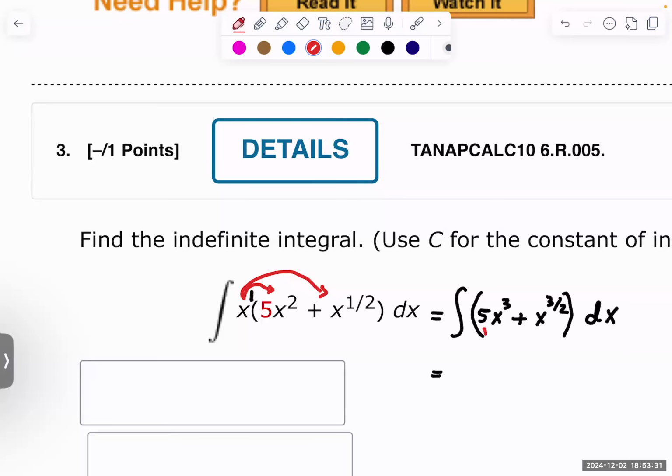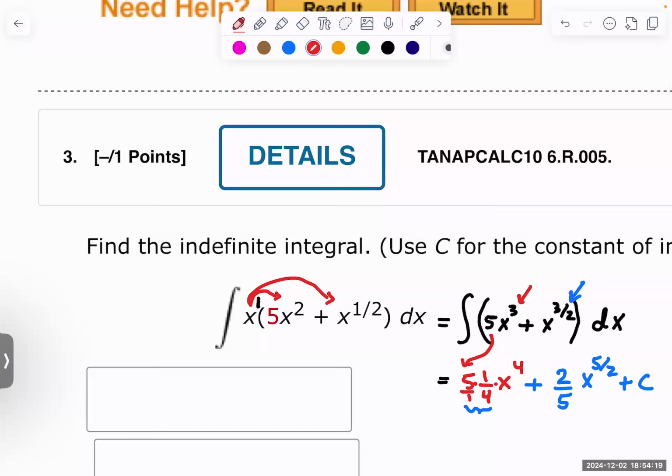Now you keep the constant, add 1 to the power, that's x to 4, 1/4, so that's 5 times 1/4 times x to 4, plus add 1 to the power, x to power 5 over 2, multiply by 2/5, plus c. 5 times 1/4.